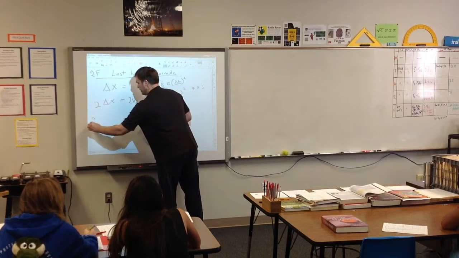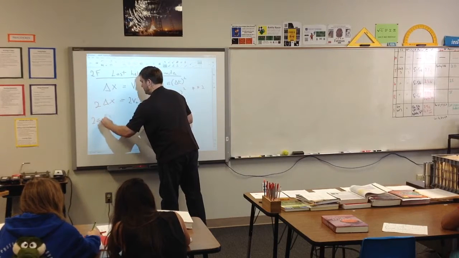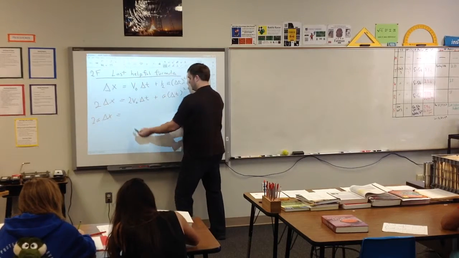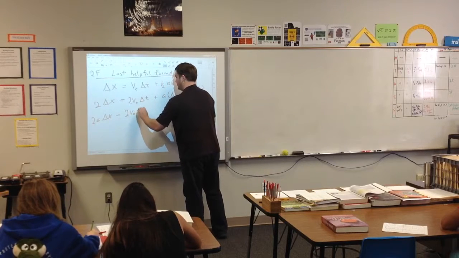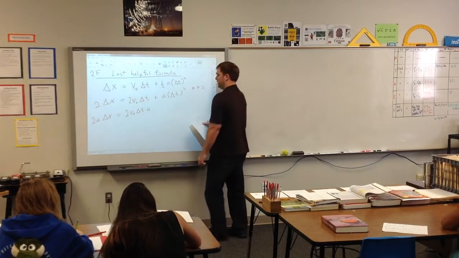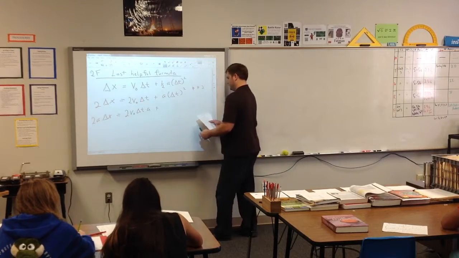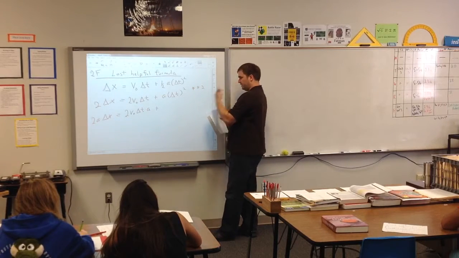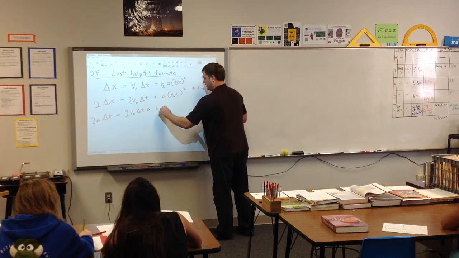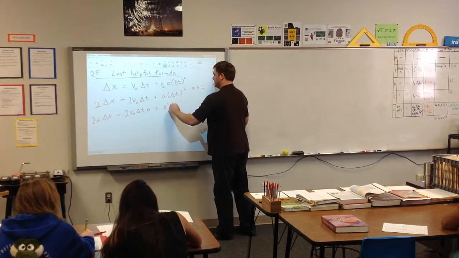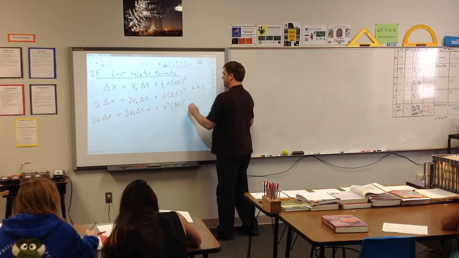So we have 2a delta x equals 2 v naught delta t times a plus this term a delta t squared times a is going to be a squared times delta t squared.